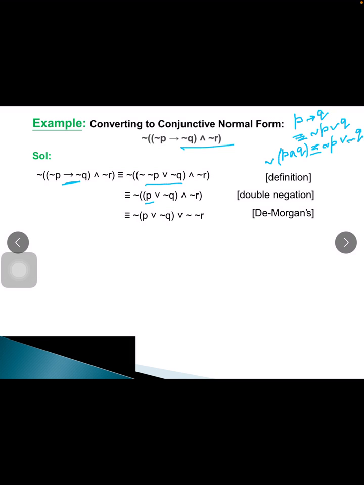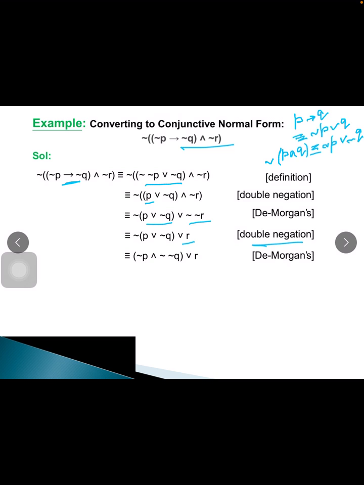So now you use negation of P or negation Q here, because we apply De Morgan's law, and again the negation of negation R. This we can write as R by the involution law, means double negation, so here this becomes R. After that you use De Morgan's law again, because this is the negation of P or negation Q.